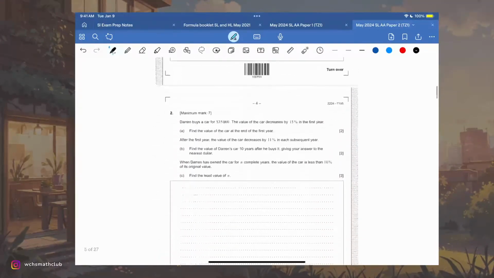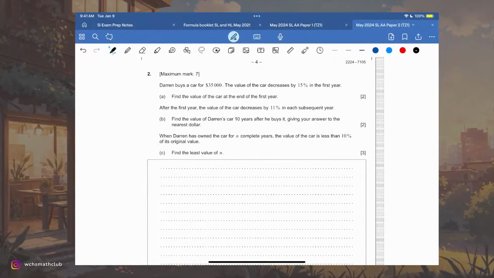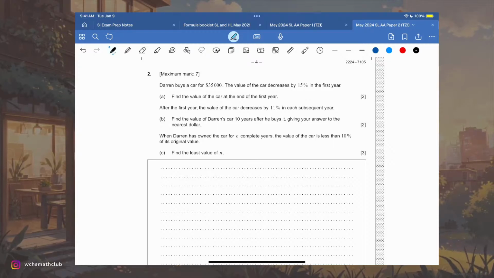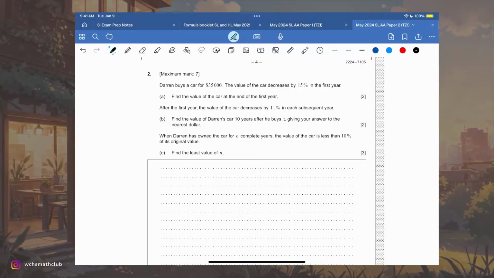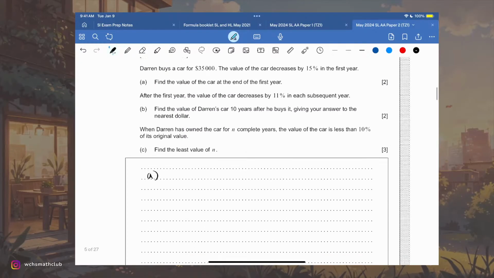Now let's move on to the second question, which is about exponential growth and decay. The question says Darren buys a car for $35,000. The value of the car decreases by 15% in the first year. Part A asks you to find the value of the car at the end of the first year. I recommend you just put it in your calculator.